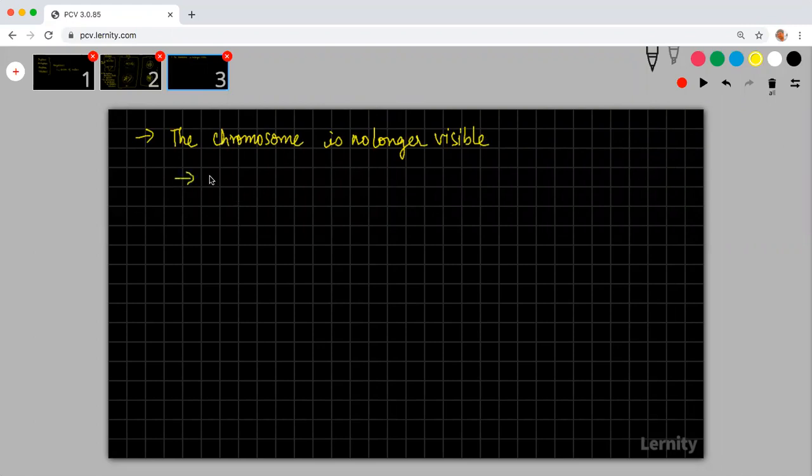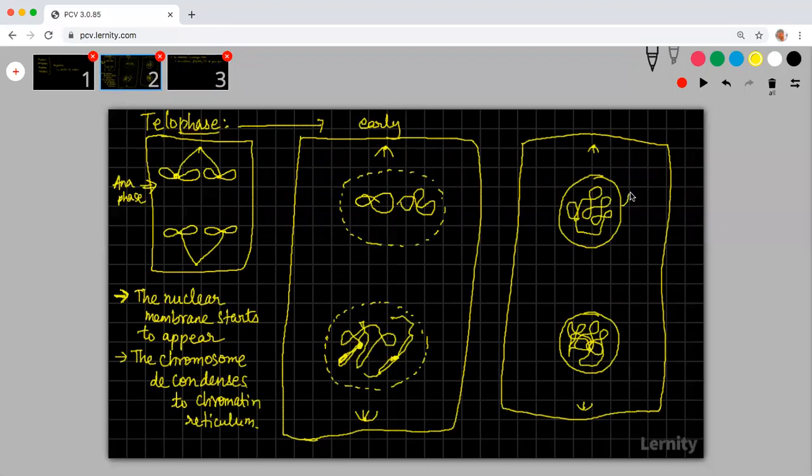The nucleolus, Golgi body, endoplasmic reticulum form again, which means the organelles are starting to appear. By the end of it, you can see this kind of structure.